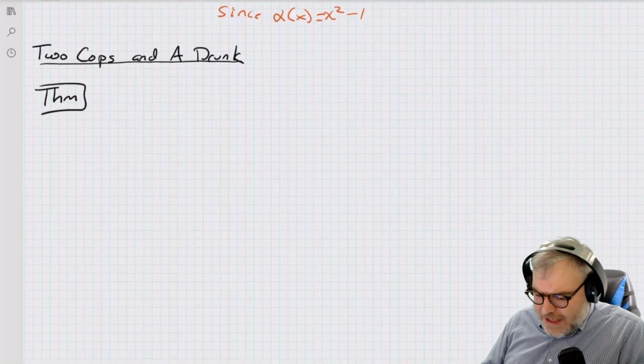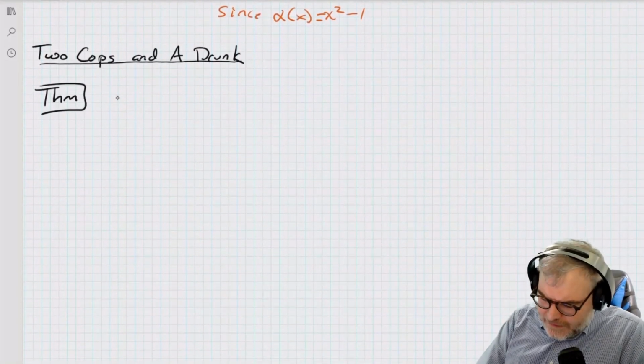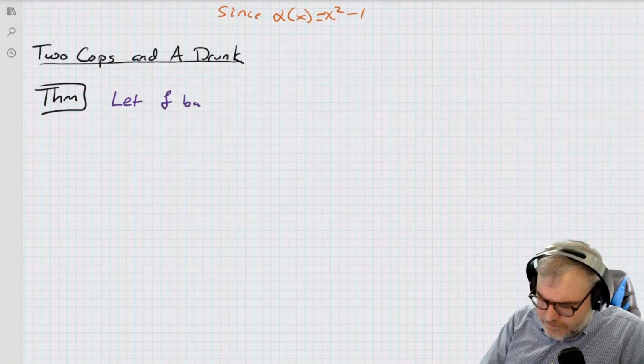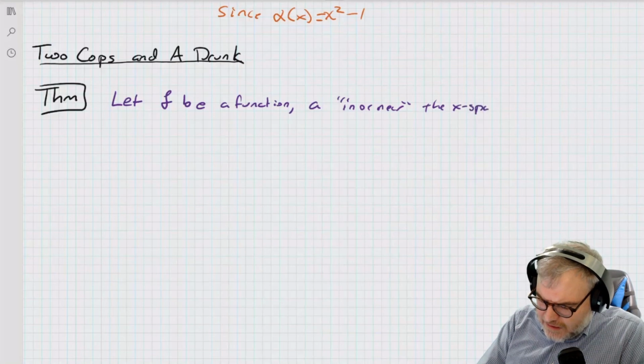All right, so here's how it goes. Let f be a function, a in or near the x space, L in or near the y space.